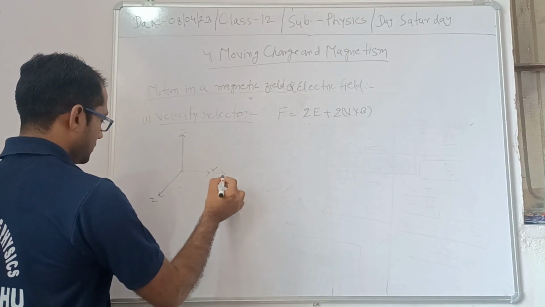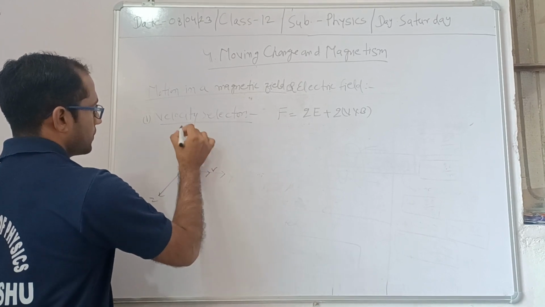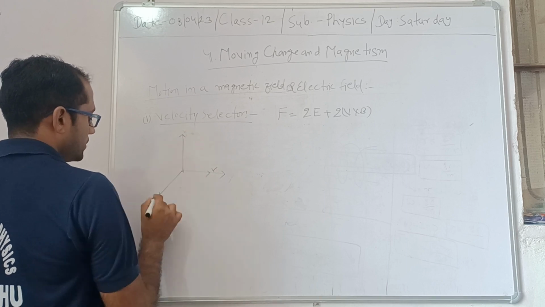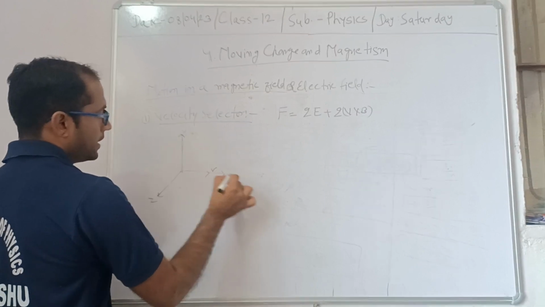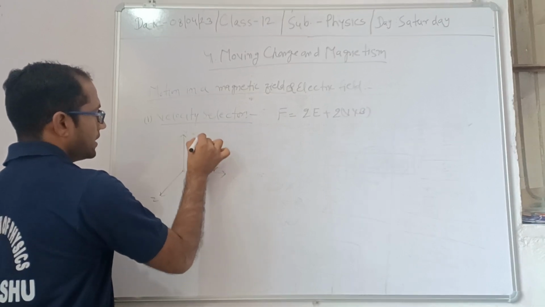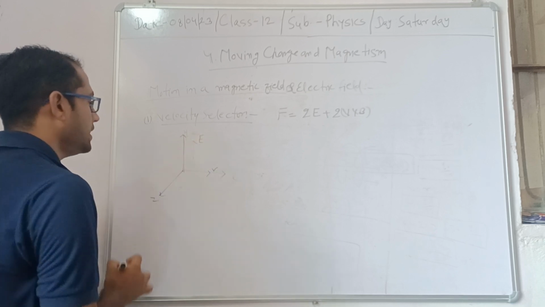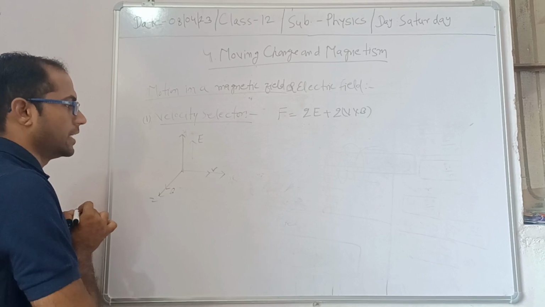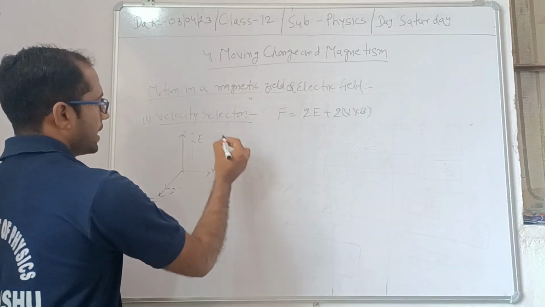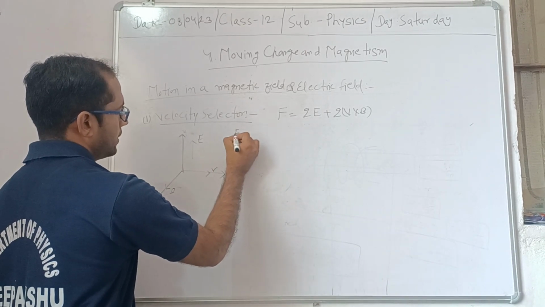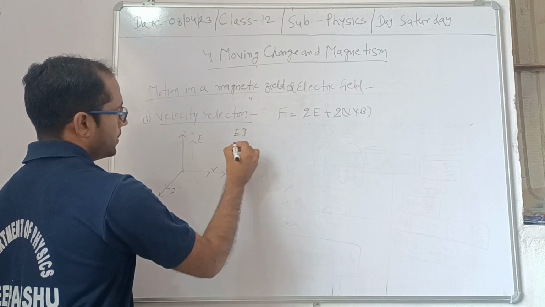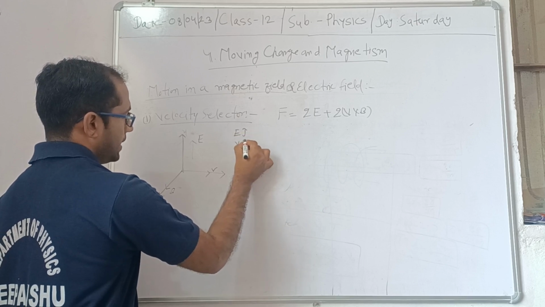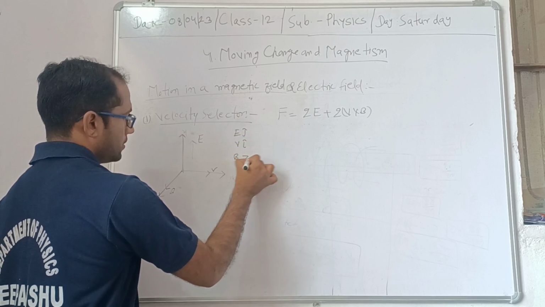The velocity is in the x direction, the electric field direction is in the y direction, and the magnetic field direction is in the direction of z. So we write E j cap, V i cap and B z cap.